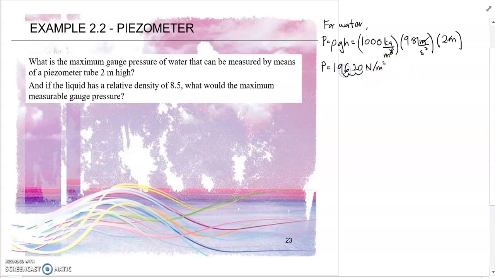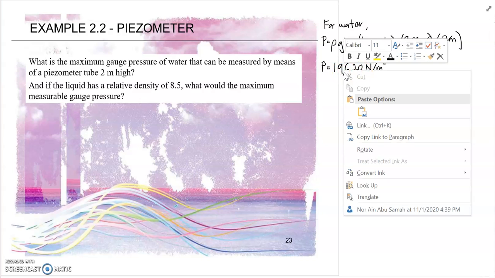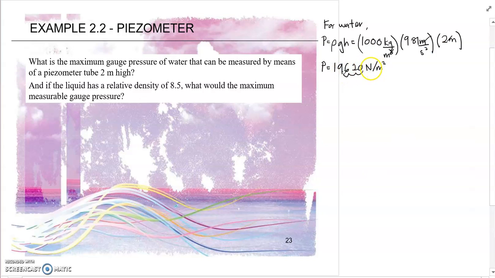Normally we will simplify this by converting to kilonewton per meter squared, so you will get 19.62 kN per meter squared.